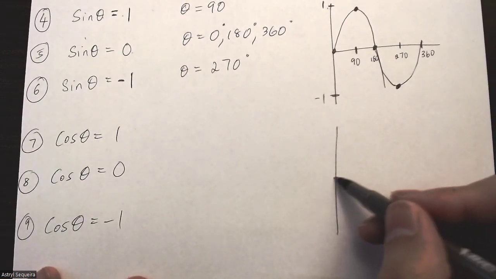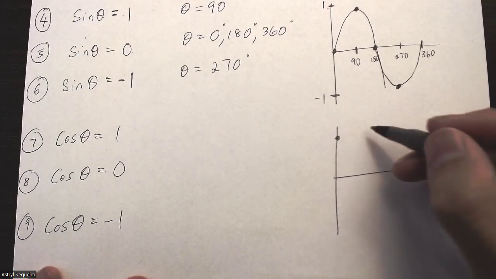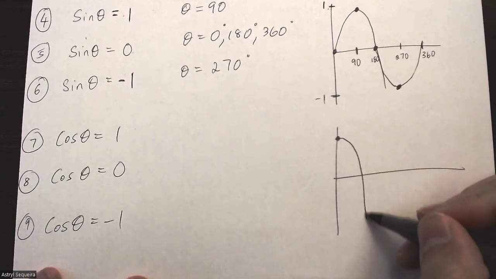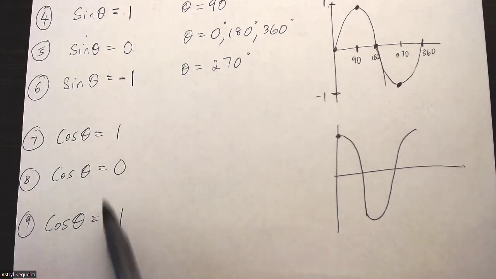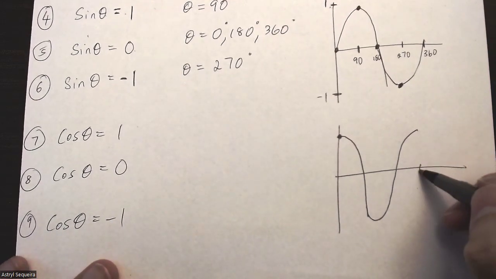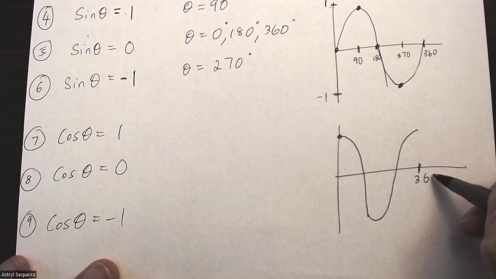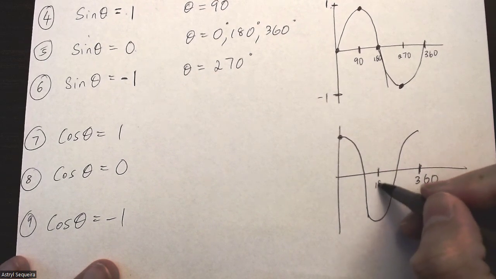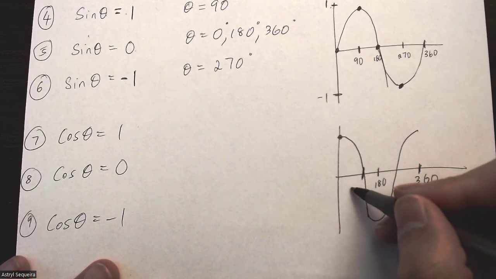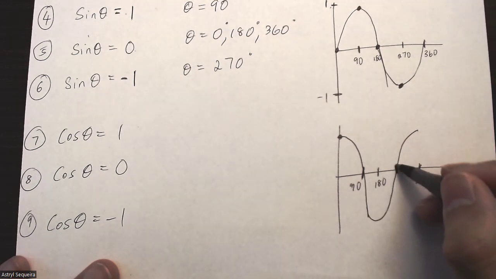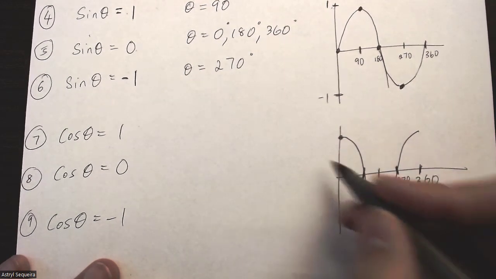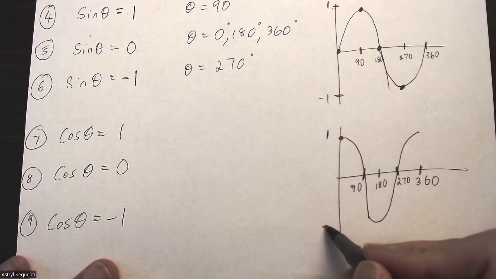And again, I'll draw my cos graph over here. Again, cast rule will not work on these. You won't get the complete solutions. This graph is not perfectly symmetrical, but I think you get the idea. 1, -1.